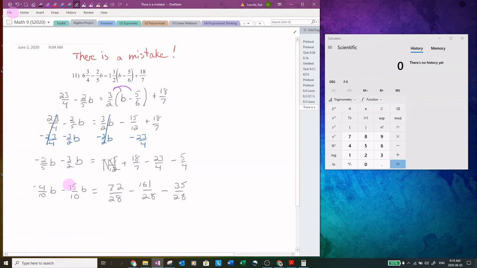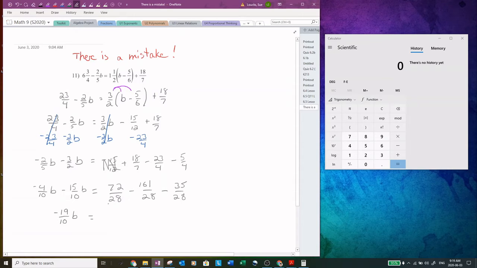All right, so on the left side, I have negative 19 over 10b. And on the right side, I have 72 minus 161 minus 35.